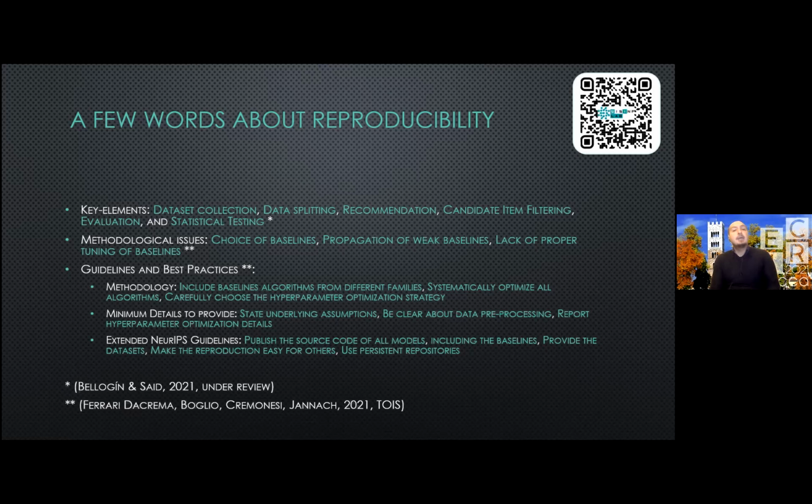In particular, they mention the fact that it is very likely that we choose the wrong set of baselines to compare with. This is a very important thing because especially with adversarial learning, we tend to compare only against other adversarial models.